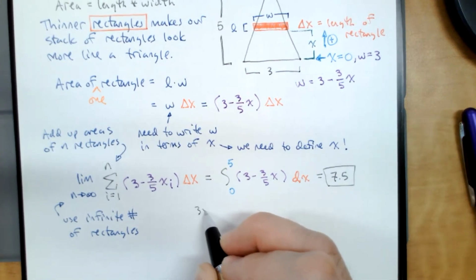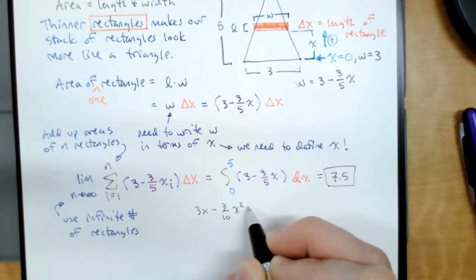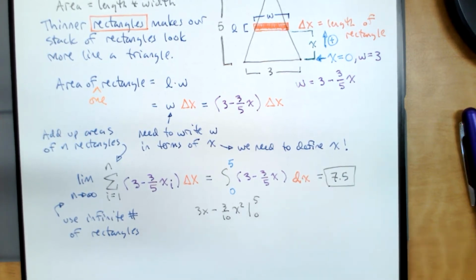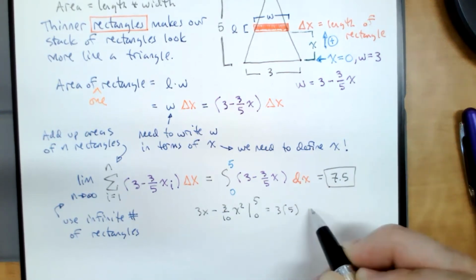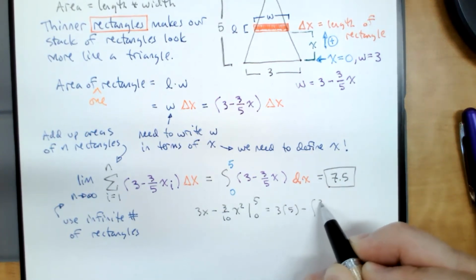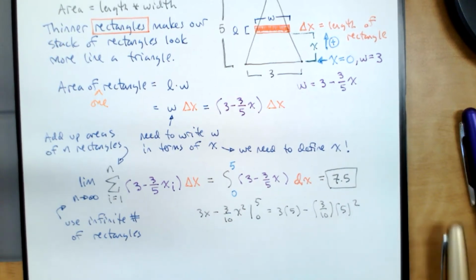So let's see, 3x minus 3/10 x squared evaluated from 0 to 5. So we're going to have 3 times 5 minus 3/10 of 5 squared.